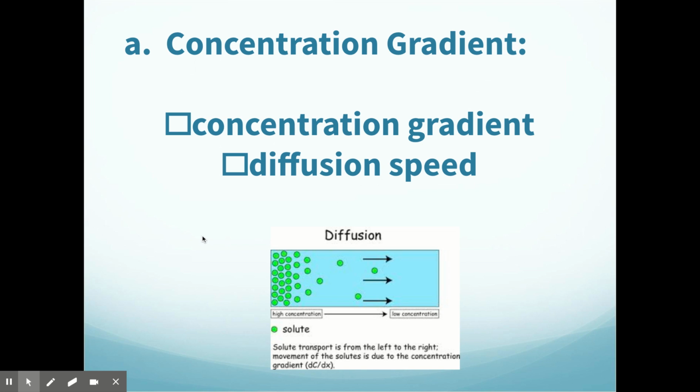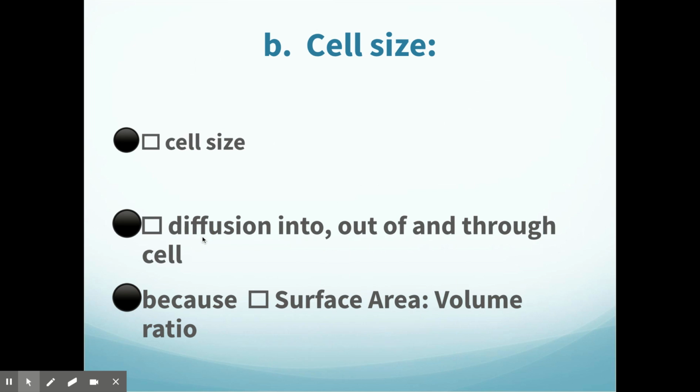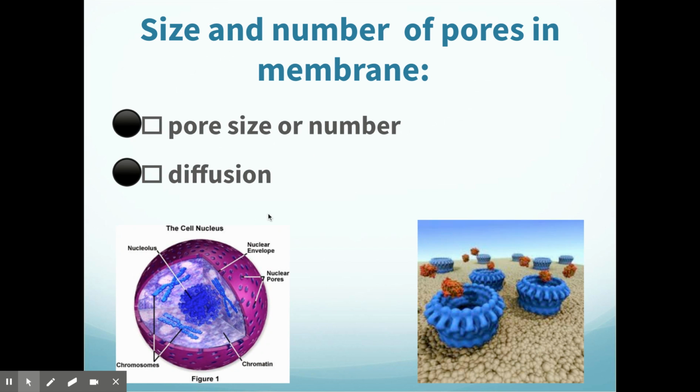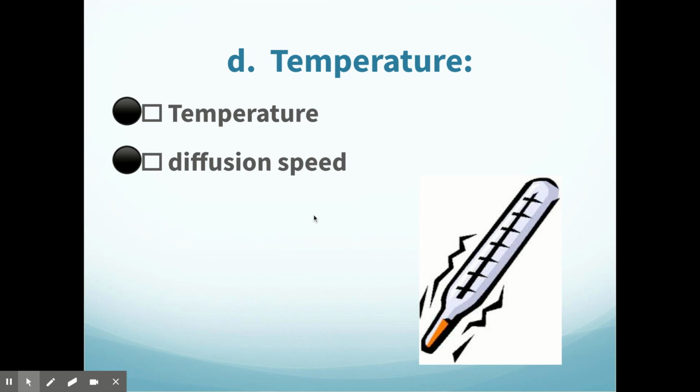Cell size, we're going to talk about in detail, so that's a huge impact on the health of the cell and deals with your surface area to volume ratio. The size and number of pores in a membrane: the more there are, the better substances will be able to travel across. And temperature. We know at different temperatures, things can speed up or slow down.